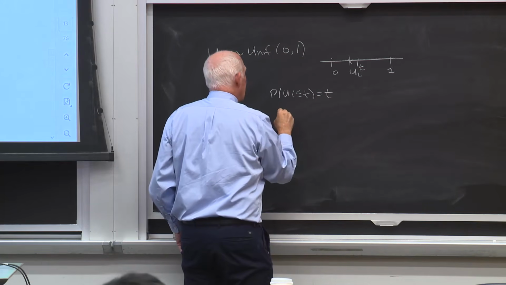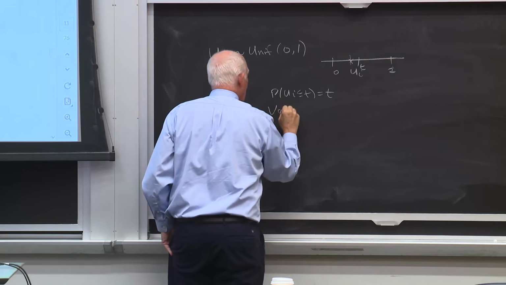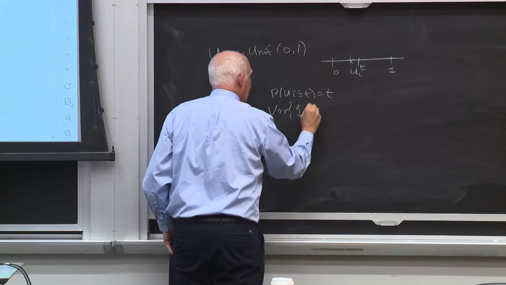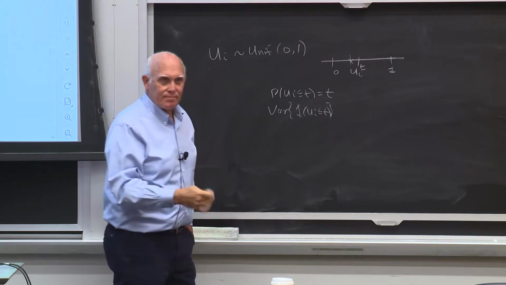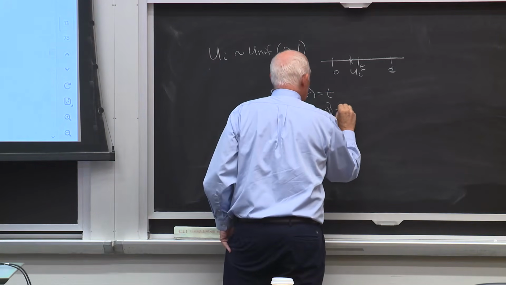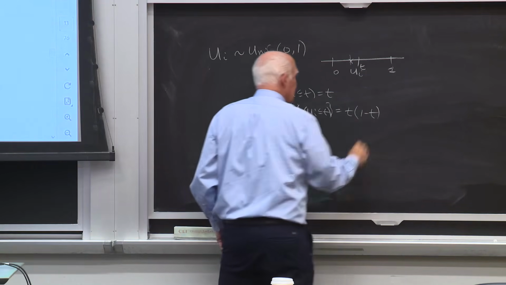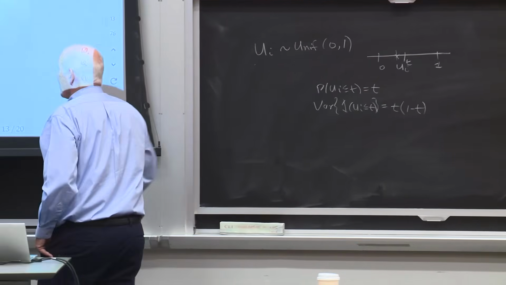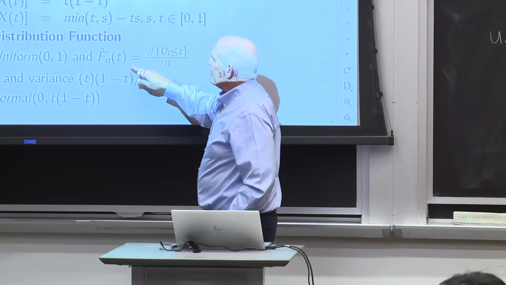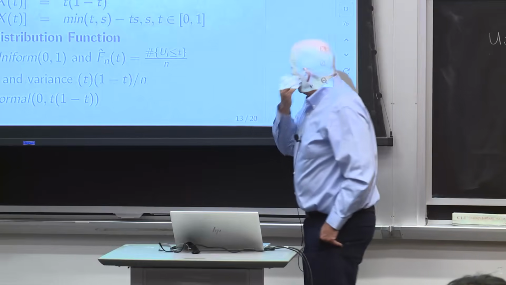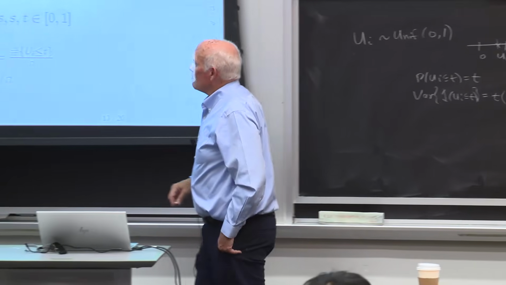And the variance of the indicator of ui being less than or equal to t is a Bernoulli outcome, which has variance equal to the probability of occurring times the complement of that. So we get t times 1 minus t as the variance of the indicator of ui being less than or equal to t.